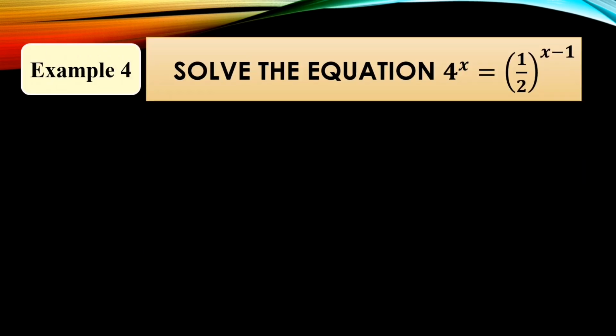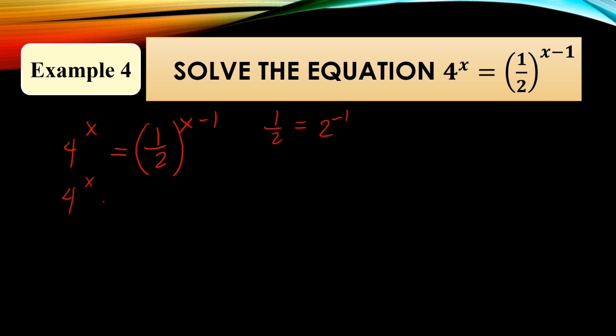Let us have example number 4. Solve the equation 4 raised to x is equal to (1/2) raised to x minus 1. If you can see, 1/2 is one of our bases, or you can write this as 1/2 is equal to 2 raised to negative 1 by applying the law of exponents.